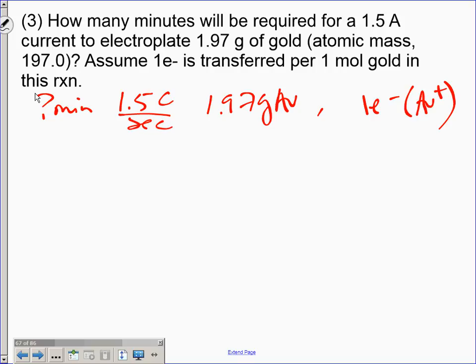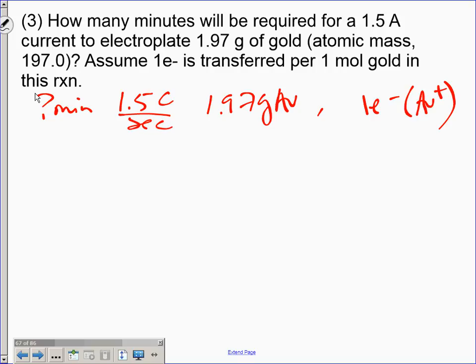All right, go ahead. Figure out where to start. Okay, 1.97 grams times 1 mole over 196.9. I guessed 196.9, I didn't realize it until I actually said that.